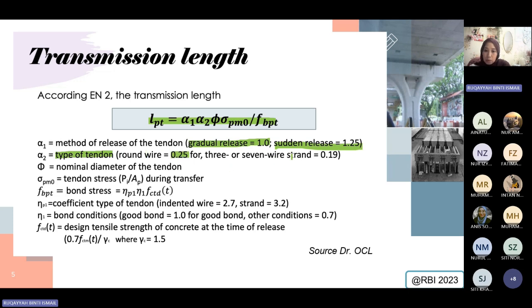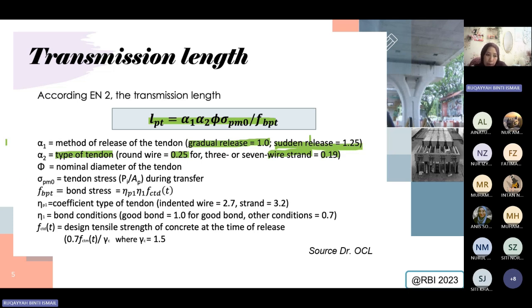If you are using a 3 or 7 wire strand, then you can take 0.19. If you are not sure whether it's wire or strand or whatsoever, you can refer to the comparison of how big it is to a round wire, 0.25, or equivalently take it as a 3 or 7 wire strand, which is 0.19.